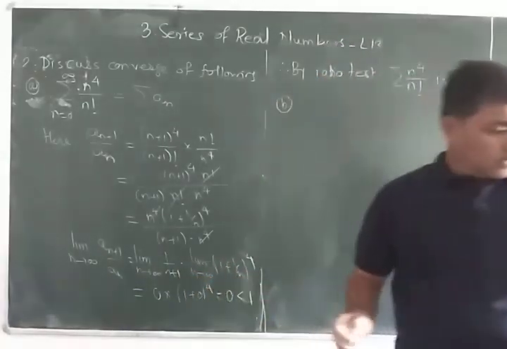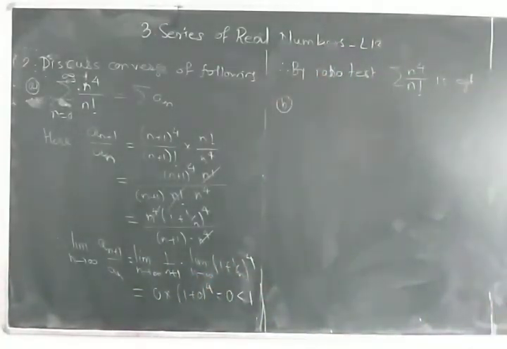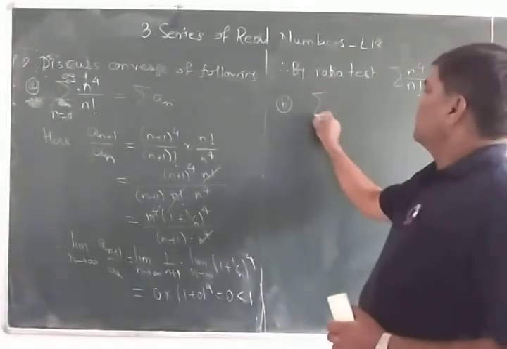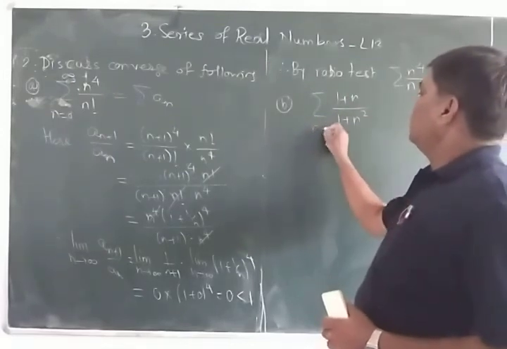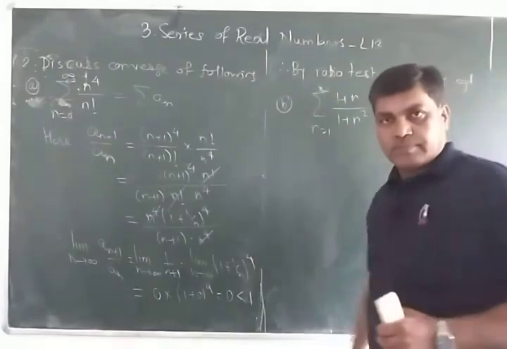B. Summation of 1 plus n upon 1 plus n square, n equal to 1 to infinity.